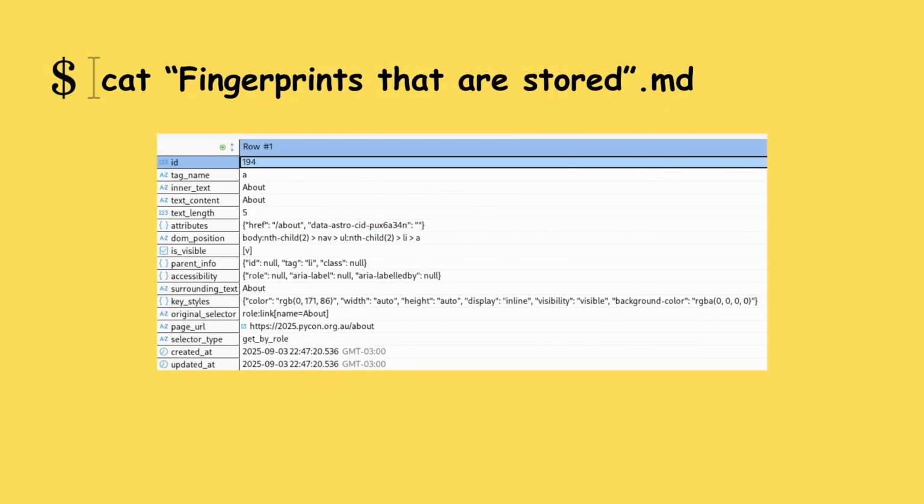So what are those fingerprints? These are information about the element we just clicked. This information is the tag name, which is an A here for a link, the inner text, which we know is About, whether there are accessibility attributes, the page this element is located on, and the type of locator method used to get that element.